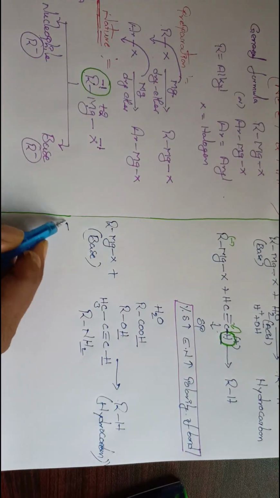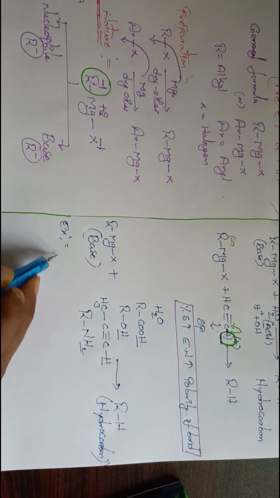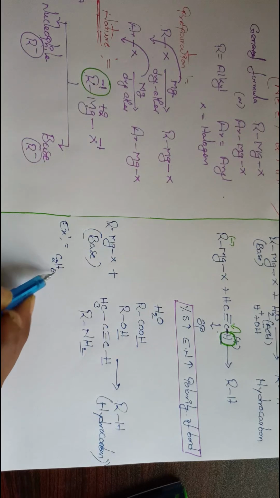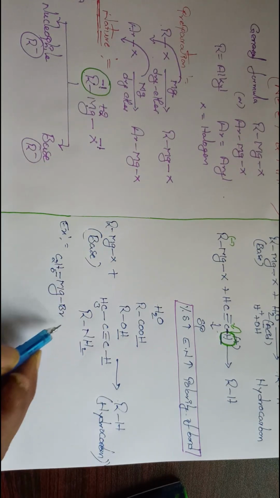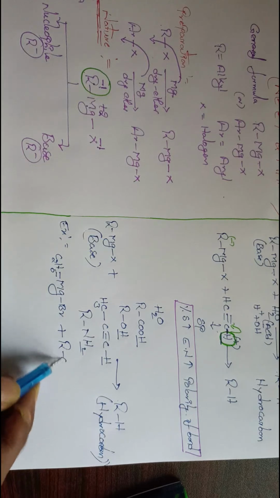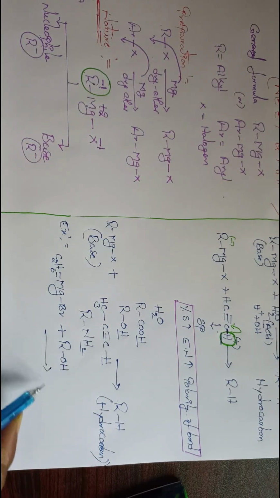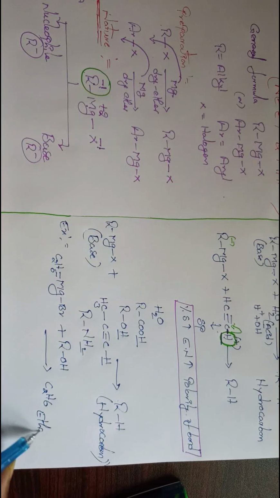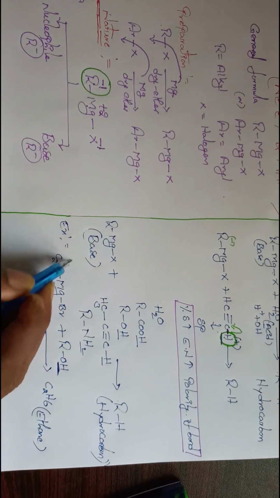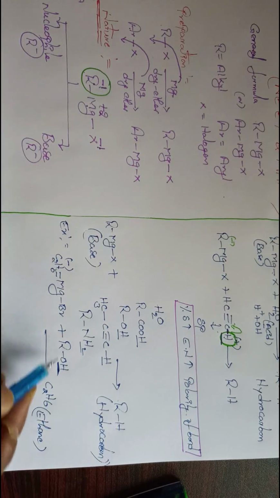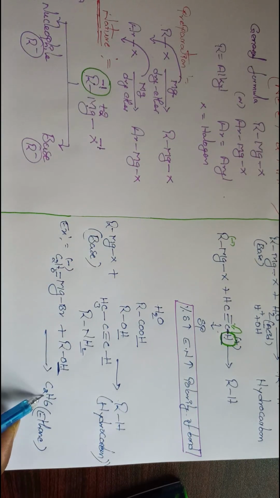For example, a simple Grignard reagent, C2H5MgBr, where C2H5 is the alkyl ethyl group, reacts with the alcohol. What is the product? The product is C2H6, that is ethane. Here H plus ion is released, C2H5 has the negative charge and abstracts this H plus ion, giving C2H6.